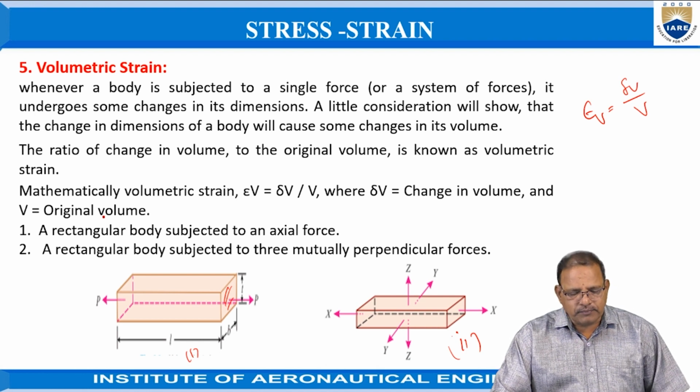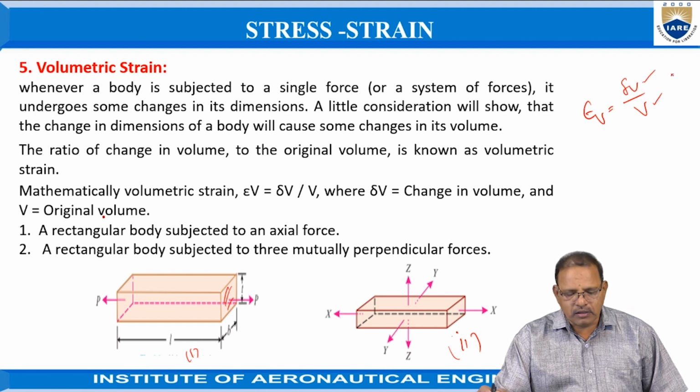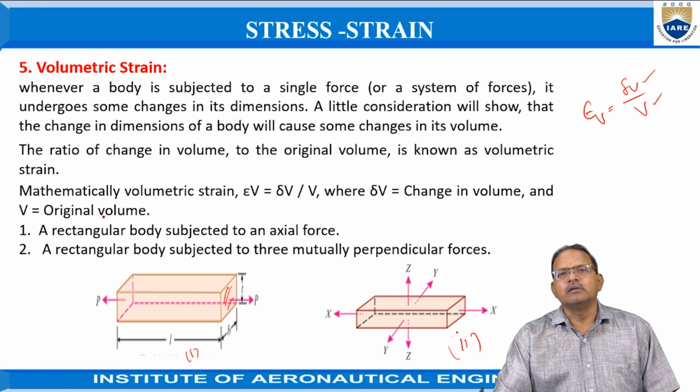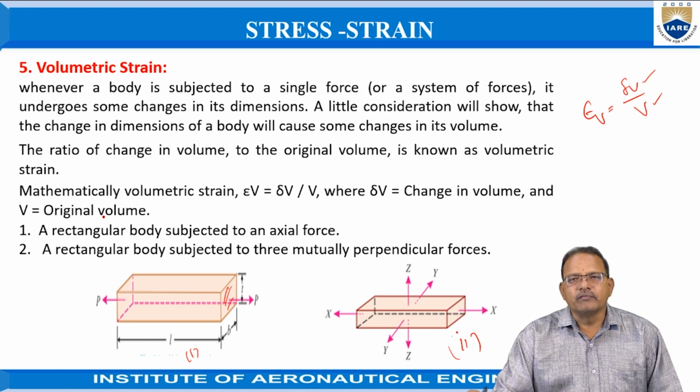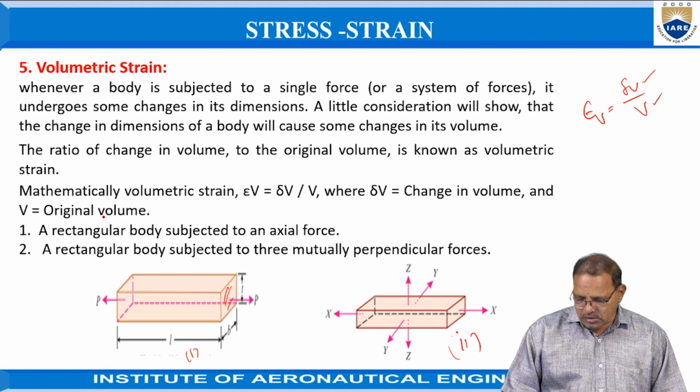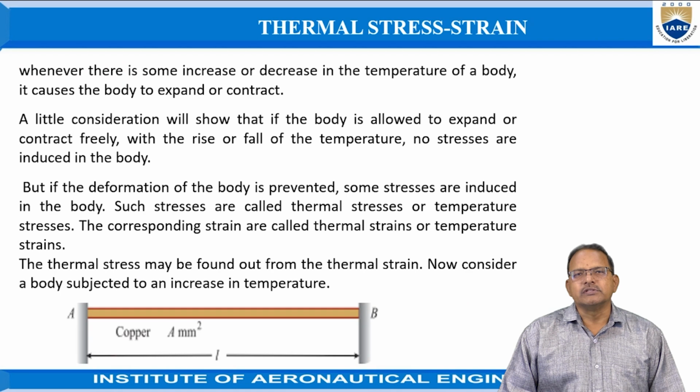Mathematically, it can be represented as delta V by V. This volumetric strain can be determined for objects subjected to a single force acting along the axial direction, or when the body is subjected to three mutually perpendicular forces.